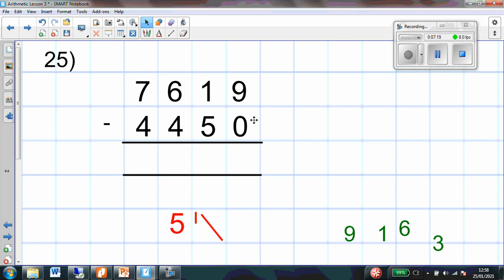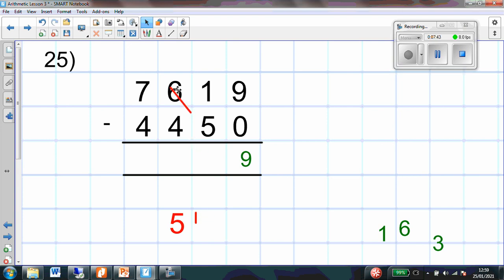Of course you can. If I've got 9, I take away 0, I'm still going to have 9, aren't I? 1 take away 5. Can I do 1 take away 5? No, I can't do 1 take away 5. So this is where I'm going to have to do some exchanging.